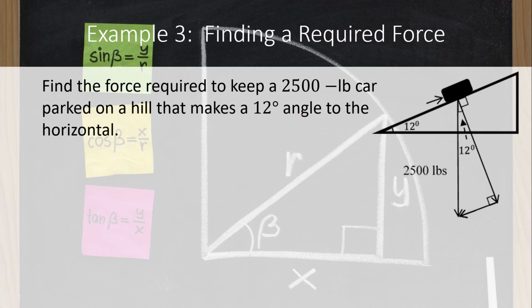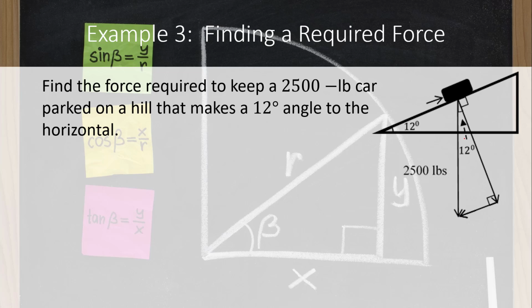And here is our first example, at least in this particular area, and we want to find the force required to keep a 2,500-pound car parked on a hill that makes a 12-degree angle to the horizontal. So notice that we have one force, and that one force is going to be the weight of the car, and that is going to be a 2,500-pound force going straight down.